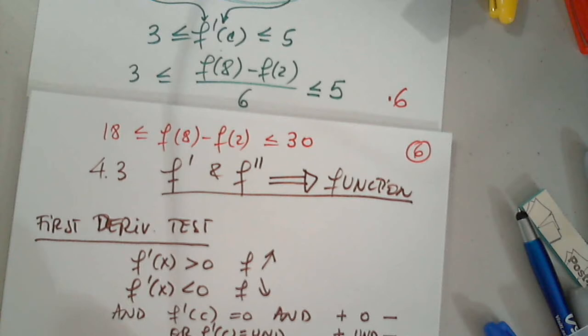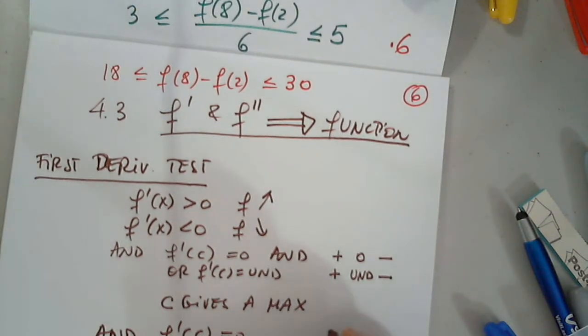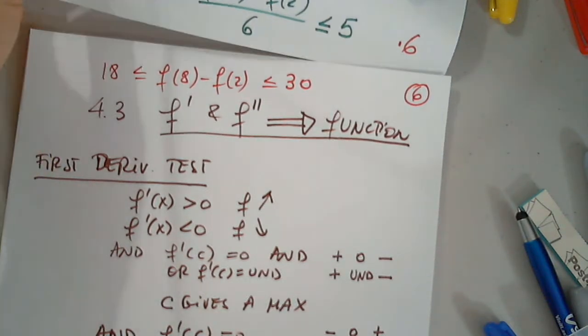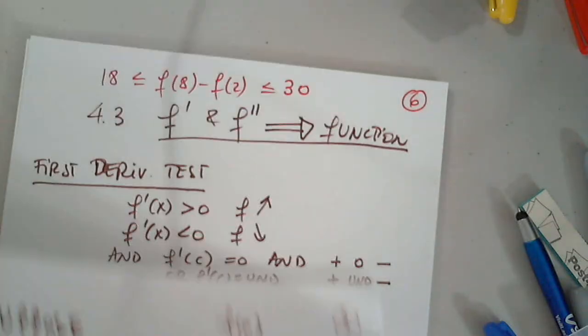And when f prime of c is 0 or undefined, and we have negative, 0, positive, or negative, undefined, positive, c gives a minimum. We already discussed all that.